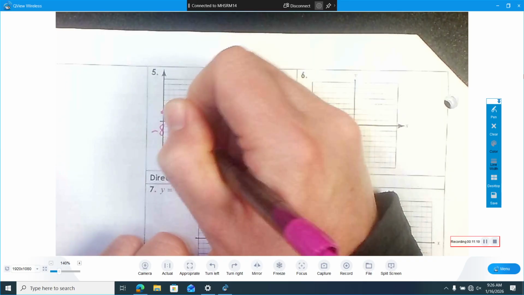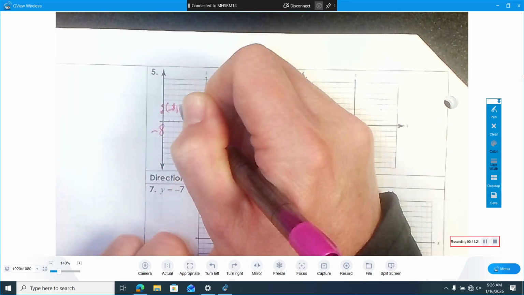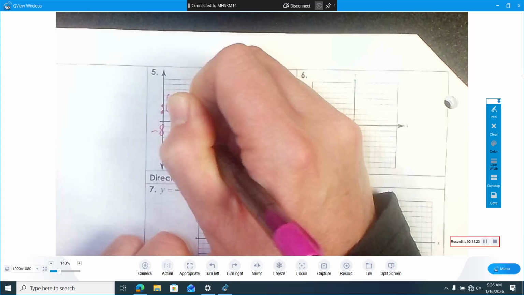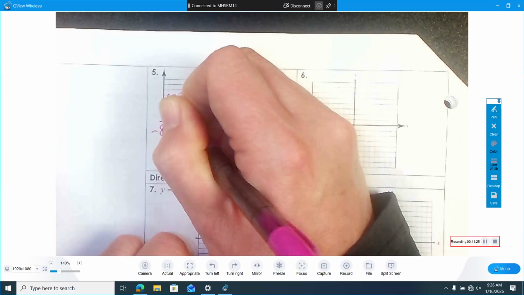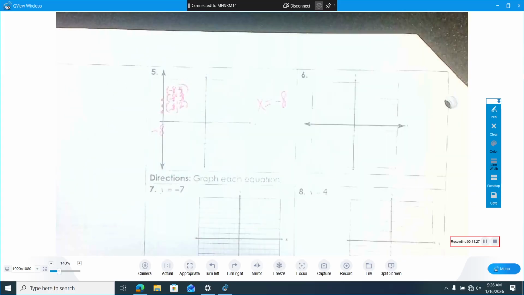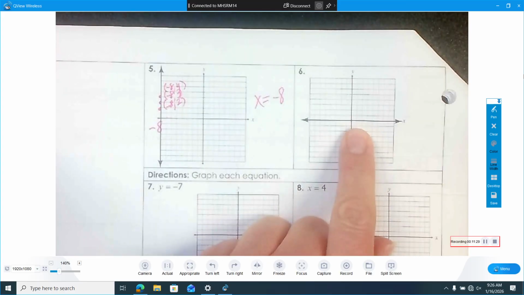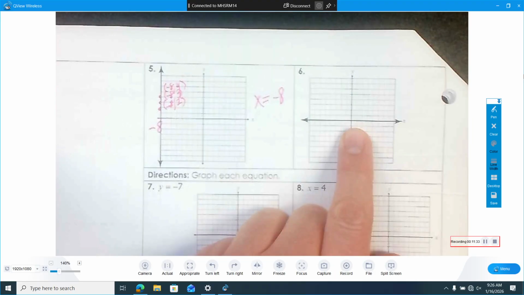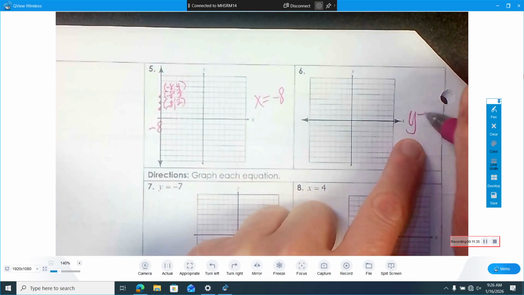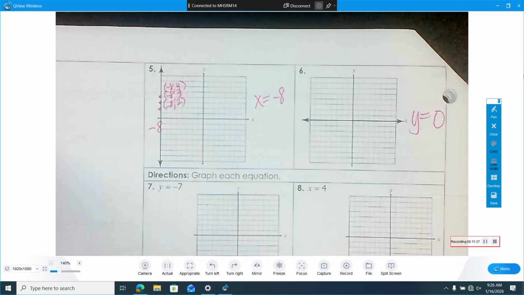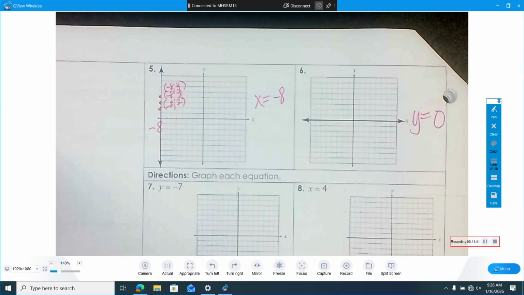Again, if you labeled a bunch of points, this would be negative 8, 2, negative 8, 3, negative 8, 4, and so on and so forth. Oh, this is a really interesting one. What's the equation of this line? What is 0? Y is equal to 0. Very good. Yeah, kind of weird that y equals 0 is the equation of the x-axis, which is like a total mind warp, like, okay.